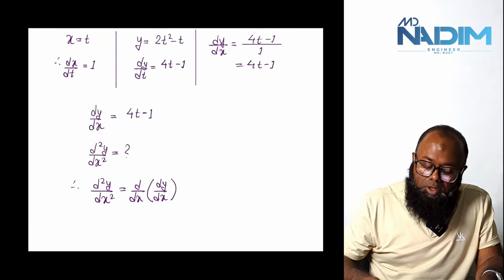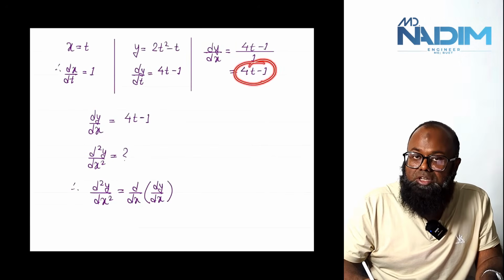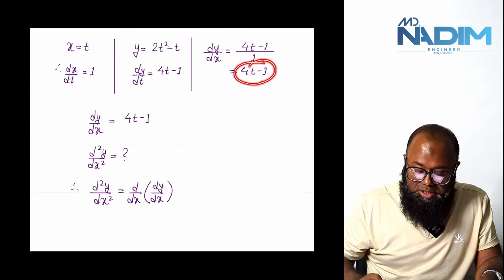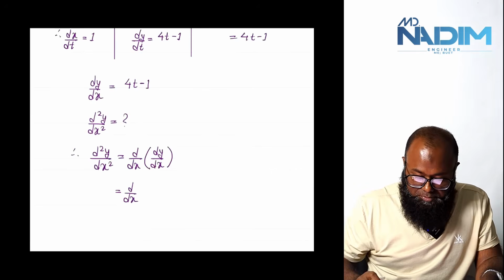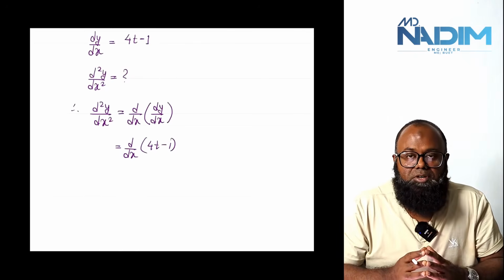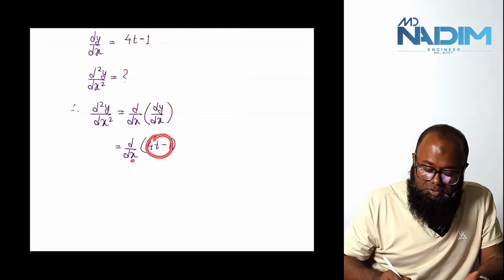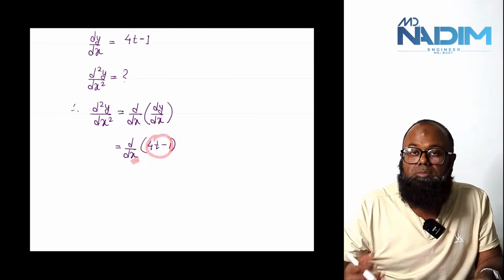Now, our first derivative is in terms of t, not in terms of x or y. From the very basics of differentiation, we know that we cannot differentiate t directly with respect to x. It is called implicit differentiation.